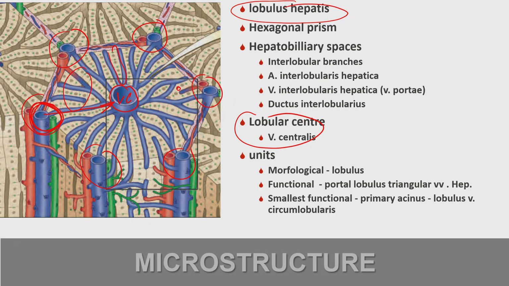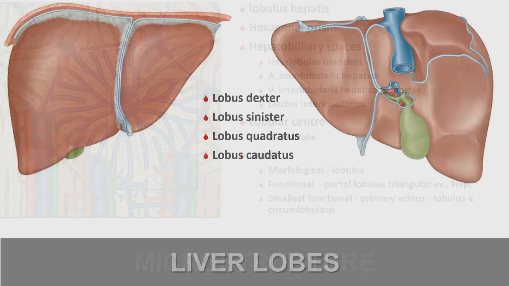So we have many nomenclatures. The anatomical lobule is hexagonal with a central vein and peripheral portal triads. But we have a functional one, the portal lobule, which is triangular between three central veins. Those are microstructural things.